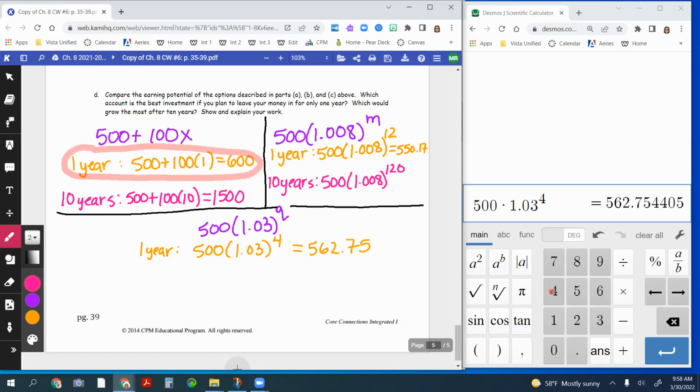I'm going to raise it to 120. So I am going to have 500 times 1.008 raised to the power 120. And so we get $1,300.87.